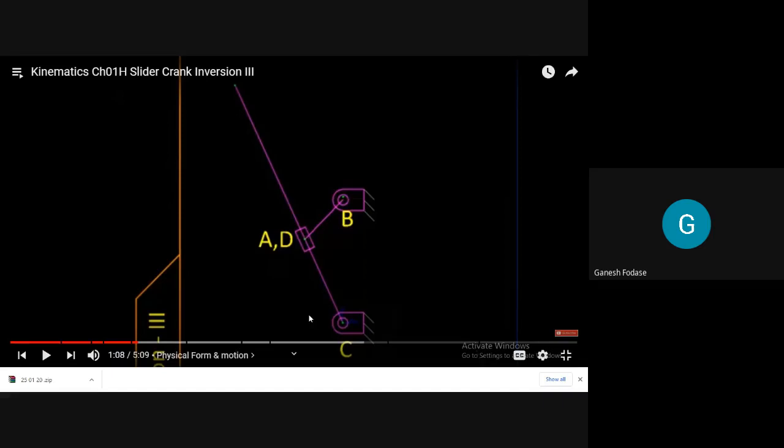How to identify the extreme position geometrically? If you remember, in the Whitworth mechanism, when the shortest link is perpendicular to the output link, at that time the extreme position is achieved.